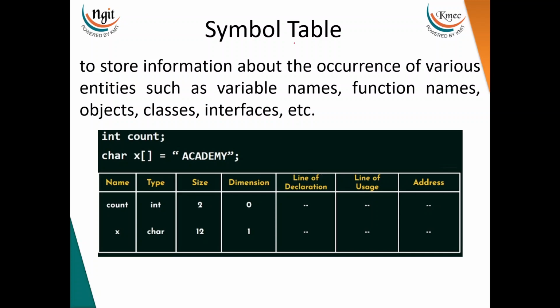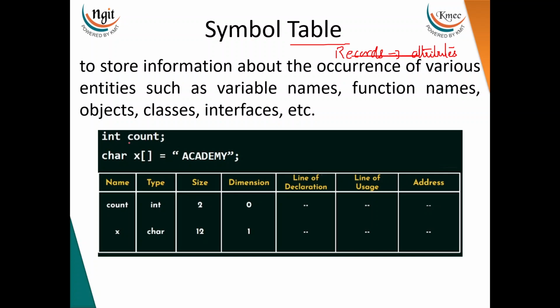As we know, a table is nothing but a collection of records. And what is meant by a record? It is a collection of attributes. Attributes are nothing but the description of the token.